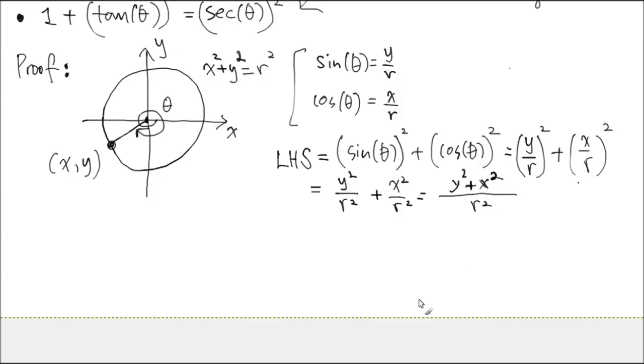Who remembers about y squared plus x squared? That's r squared. Any x coordinate, y coordinate on the circle satisfies this circle equation. X squared plus y squared is always r squared. So that's r squared in the numerator. The denominator is r squared. So all those unknown things on an arbitrary angle become simply 1. And I showed the left-hand side is indeed just 1 all the time, no matter what your theta is.